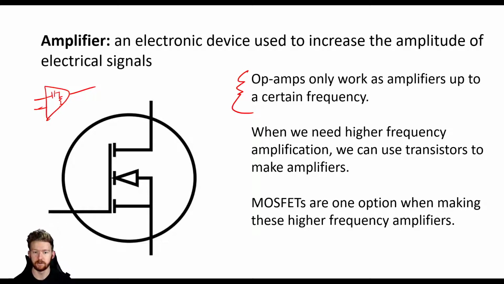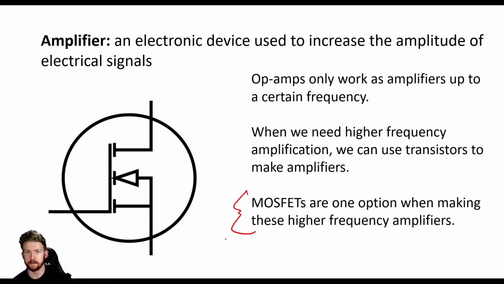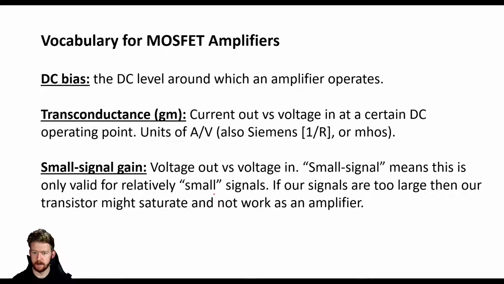They're not giving you any sort of gain. Whenever that starts happening, you have to use transistors to start making your own amplifiers. So this is especially important at high frequency amplification. MOSFETs are one option. We're going to talk about another type of transistor that you may end up wanting to use more for amplifiers, but MOSFETs definitely are one option.